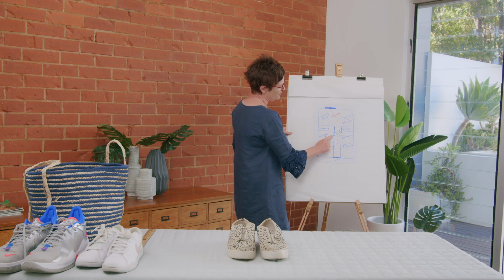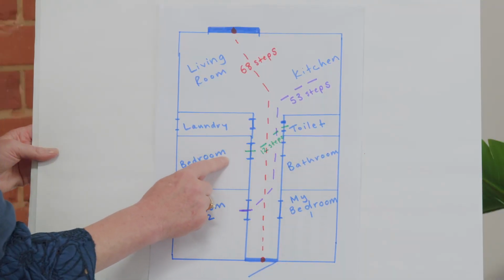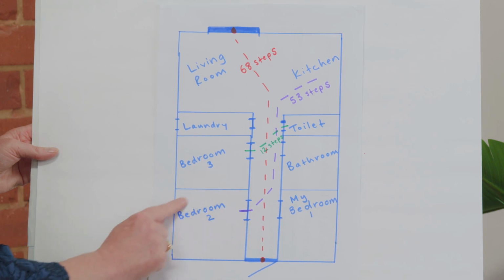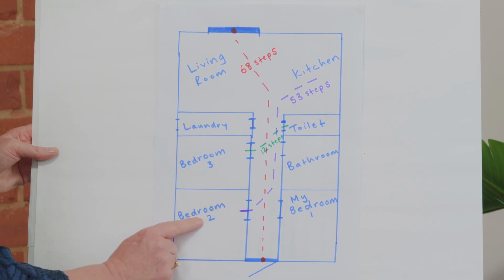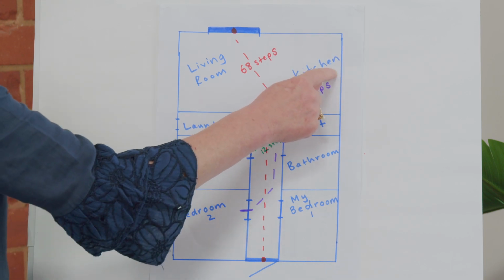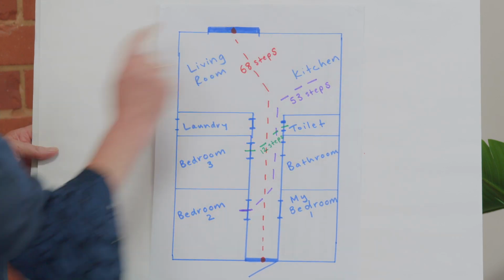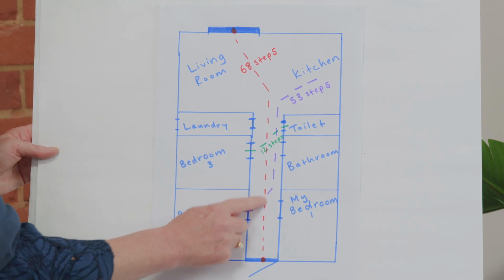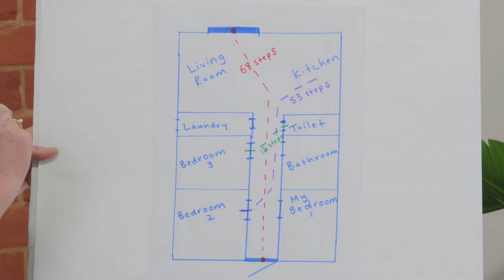So you can see I've measured 12 steps to get to the toilet, and of course if we were in bedroom 2, how many steps would it take for me to get to the kitchen? And I worked out that I was going to get to the kitchen sink. Okay, so bedroom 2 from the door to the kitchen sink is 53 steps.